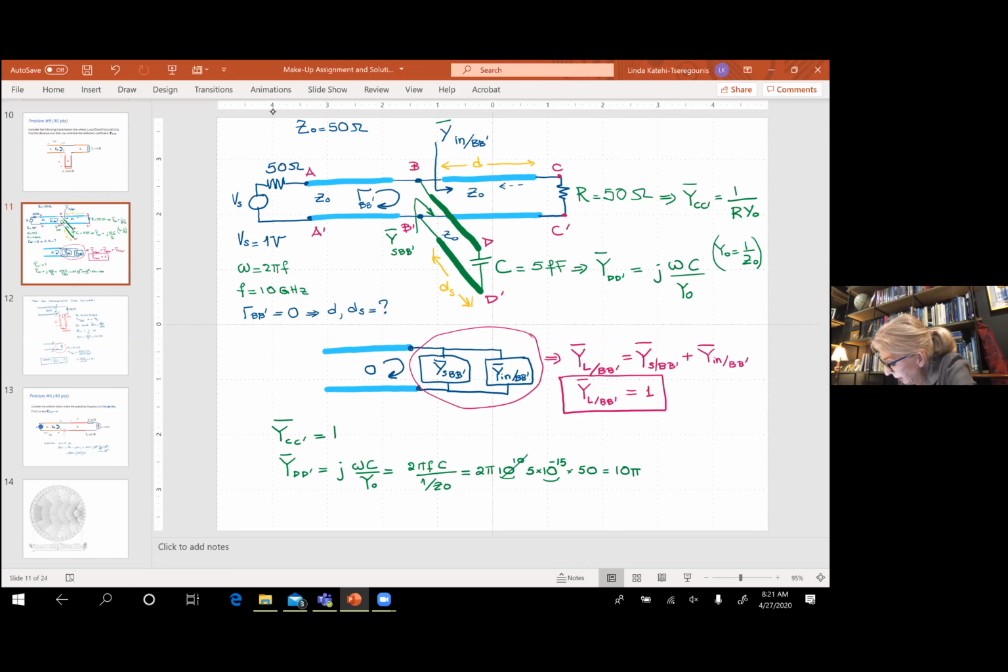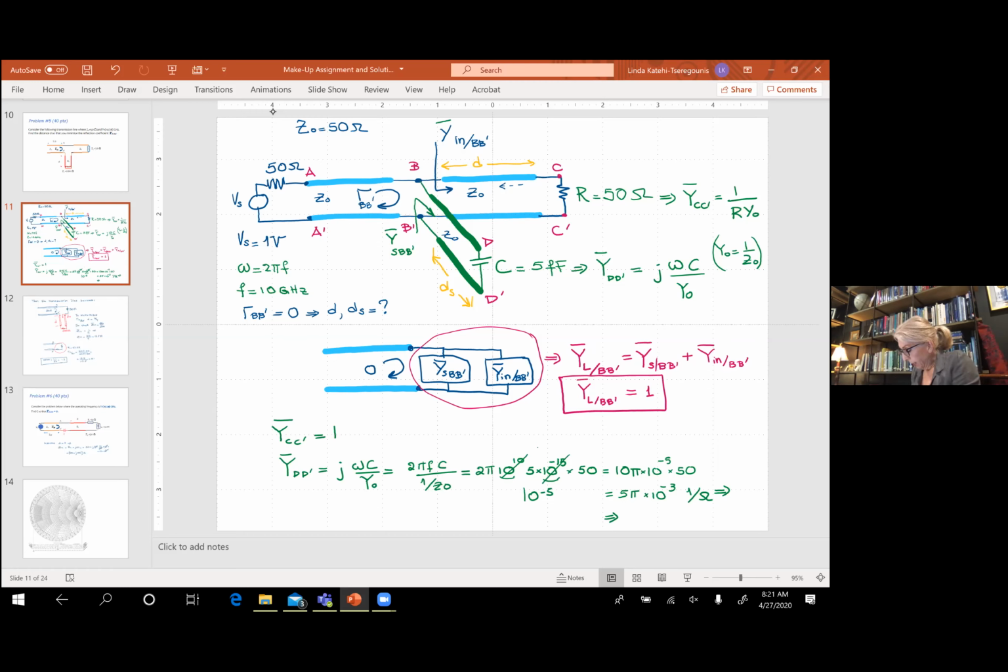So we have this, and this gives us 10 to minus 5, and another, so we have 10 to minus 5 times 50, which gives 5 pi, 1/10 from here and another from there. It gives us times 10 to minus 3. Okay, and that is 1 over ohm.